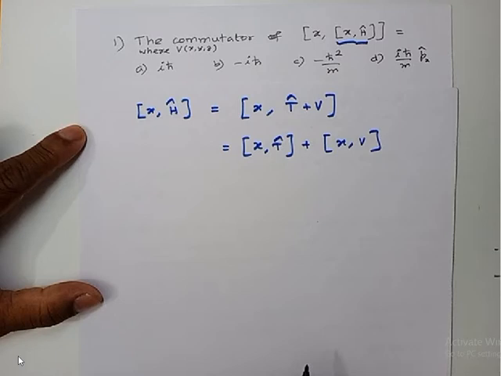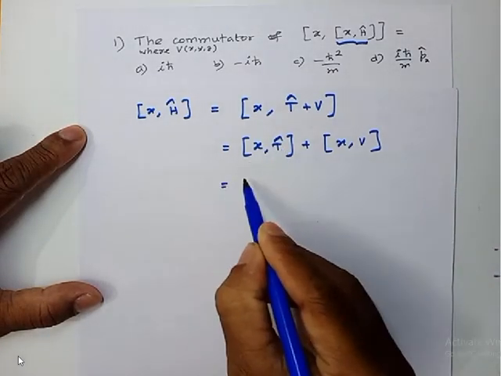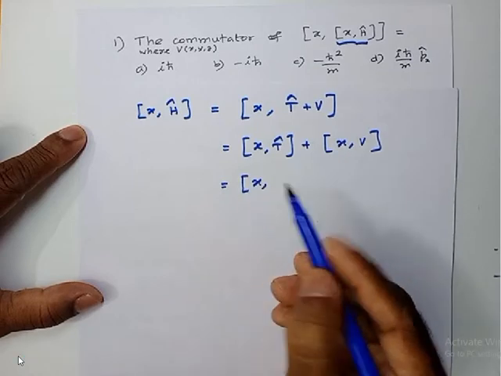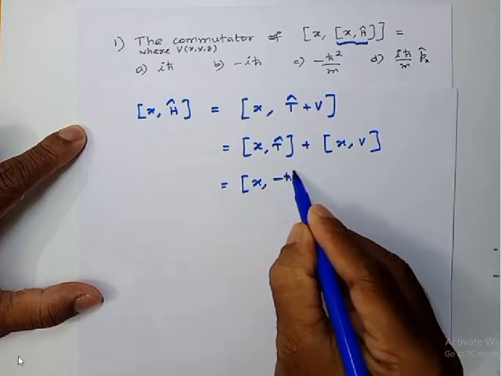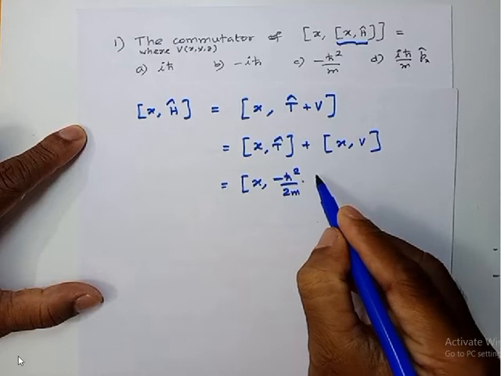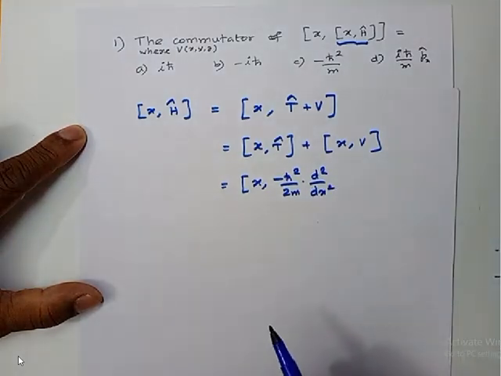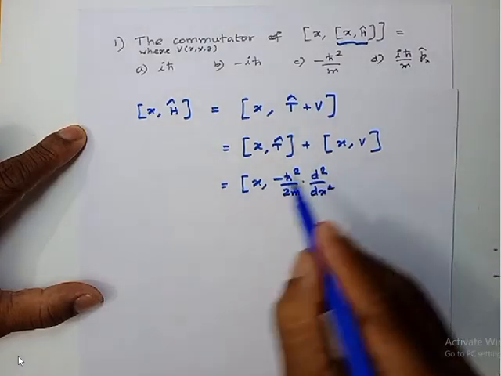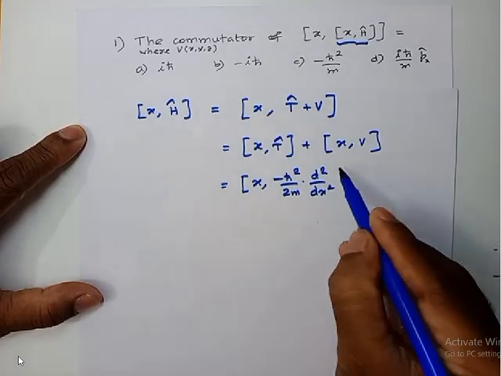x comma T can be written as, I'll keep x as such, the kinetic energy operator. What is kinetic energy? Minus h bar square by 2m into d square by dx square. I'll take one dimension here because we have only x, so y and z automatically become 0.